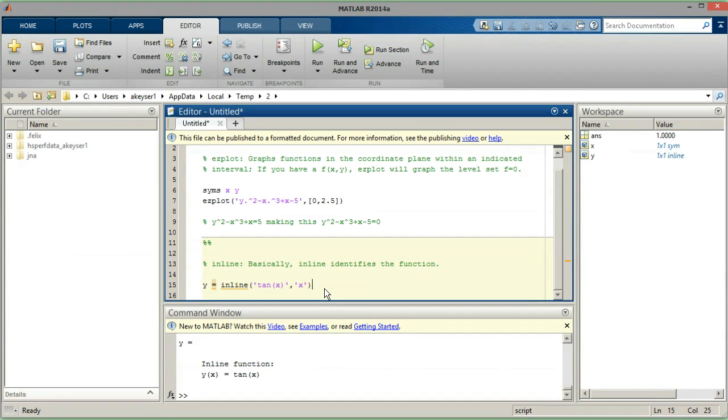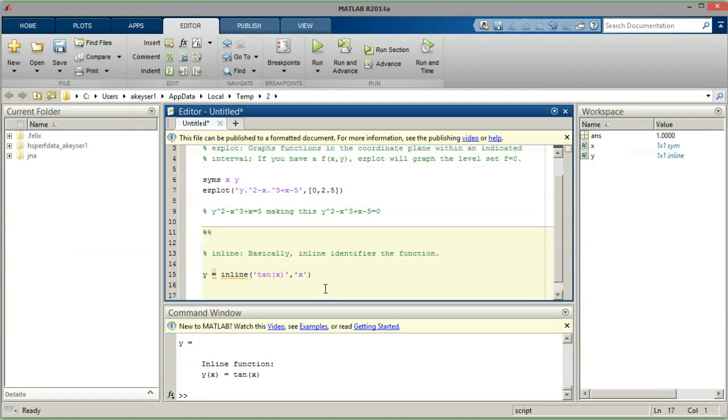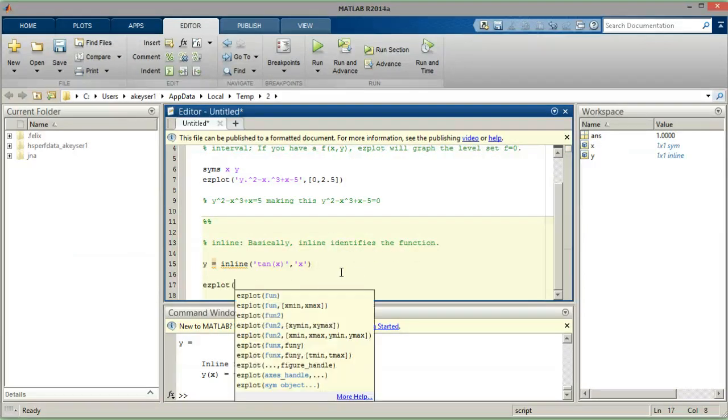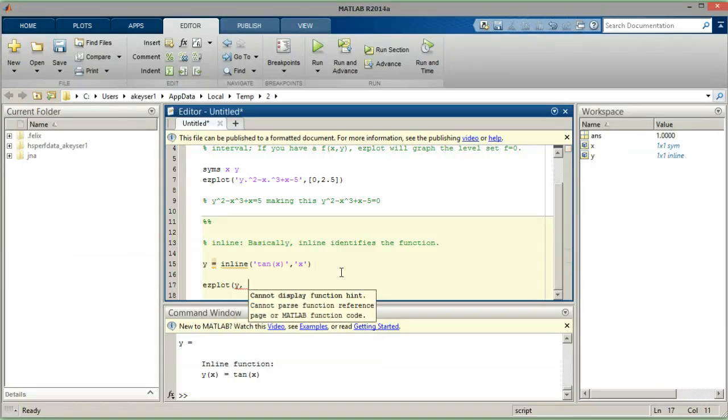So let's say we wanted to plot this function. All you would have to do, again, is use easy plot. So easy plot, and then you put y, because that's the function that you're actually using, and then you give it some interval, because you always have to give intervals for easy plot. Let's say negative pi to pi.